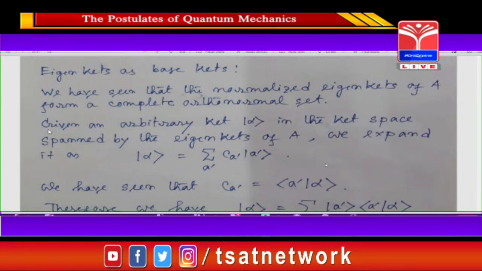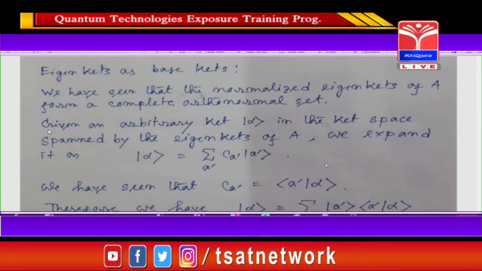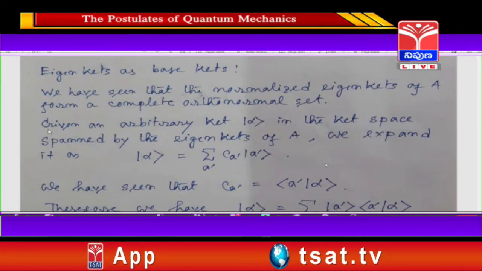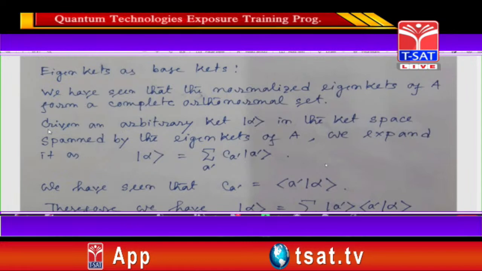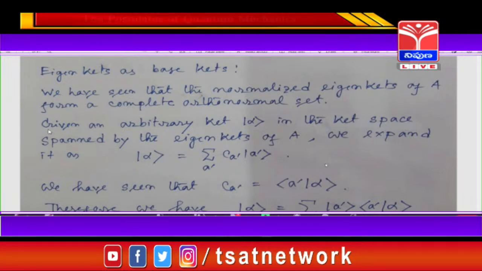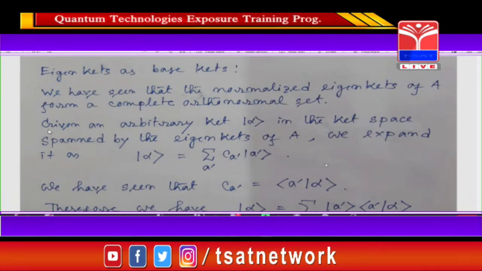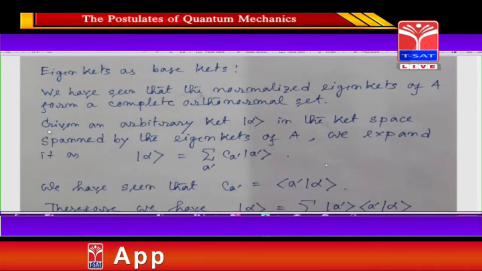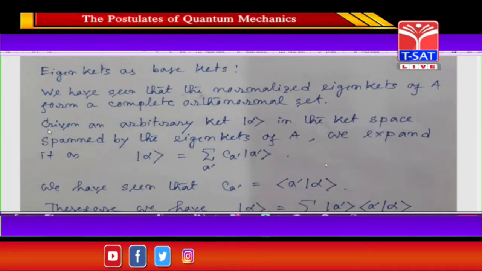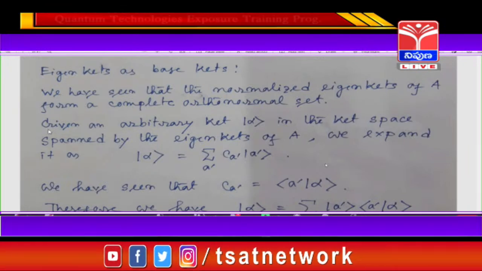Just like here on the screen, you can see some alpha ket vector is described in terms of these a prime vectors. Summation over a prime means it is summing over all the a prime vectors. Since a prime forms a complete orthonormal set, alpha can be written in terms of them. That's what we have done. Alpha is represented as the sum over a prime of c a prime times a prime.